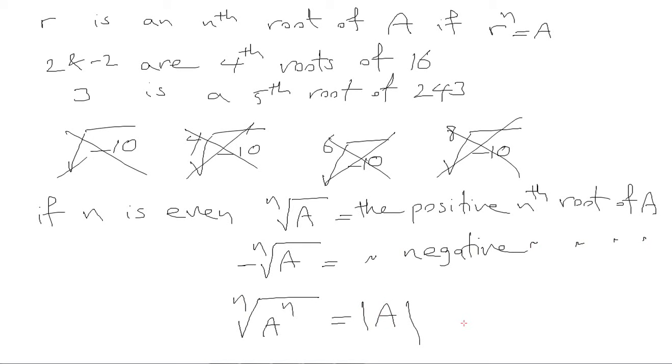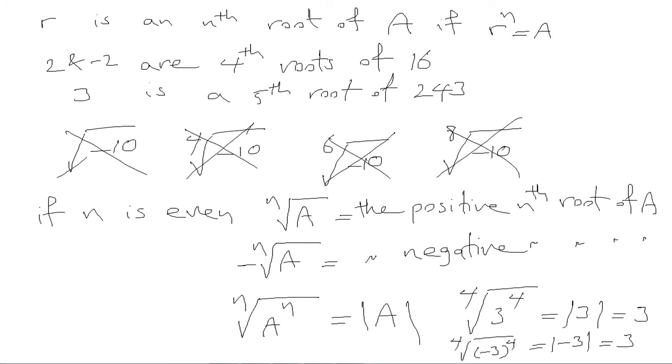For example, radical index 4 of 3 to power of 4 is absolute value of 3, which equals 3. Or radical index 4 of negative 3 to power of 4 equals absolute value of negative 3, which is again 3.